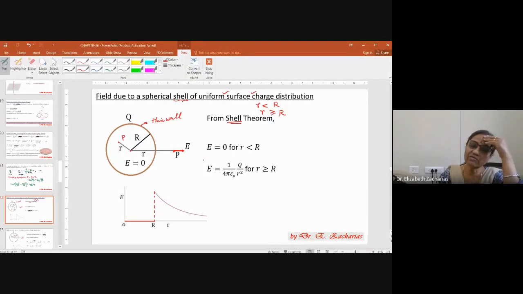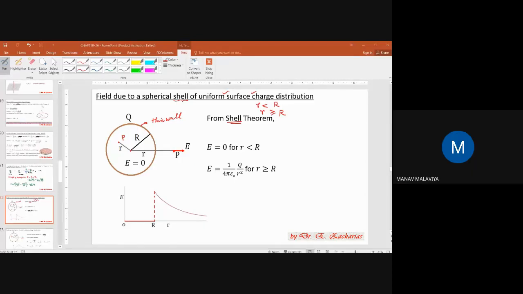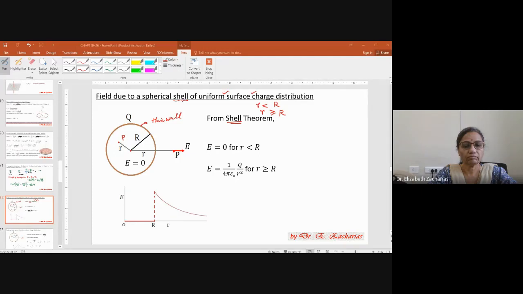So what did shell theorem tell you? Somebody please answer. What does shell theorem 1 tell you? Manav, what does shell theorem 1 say?